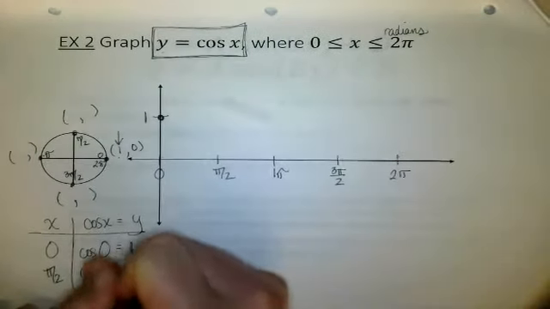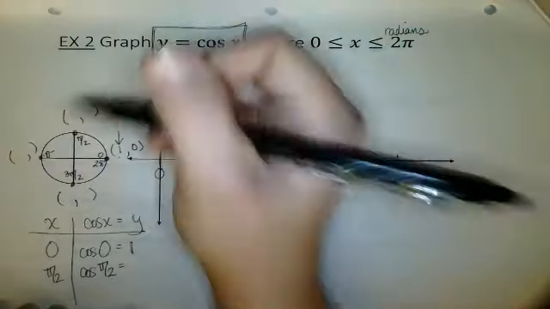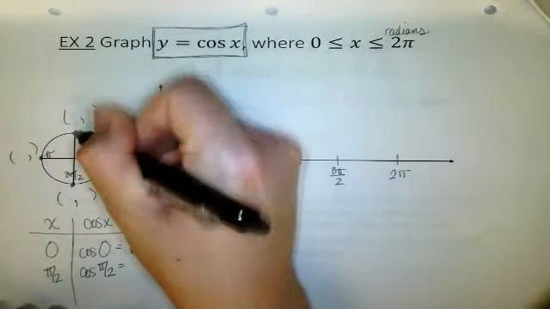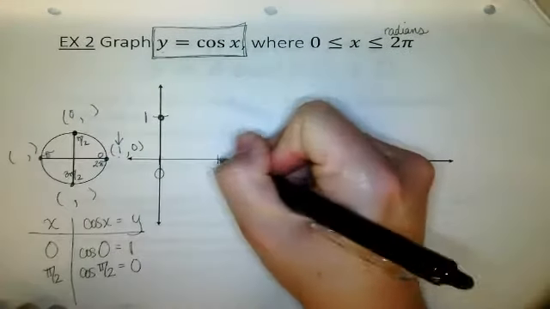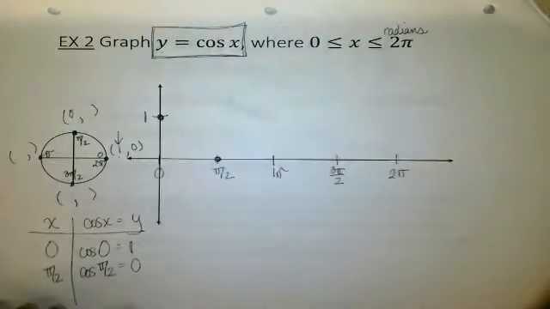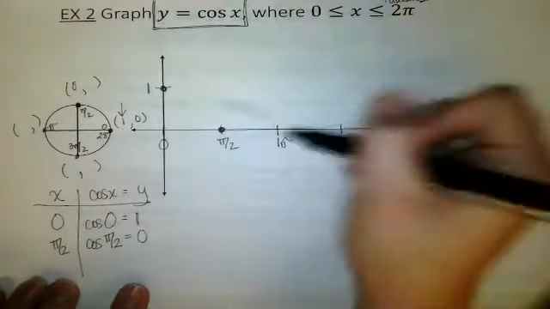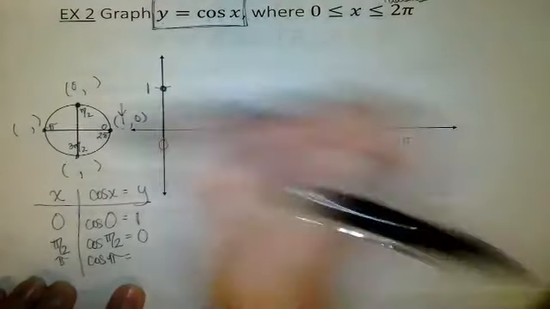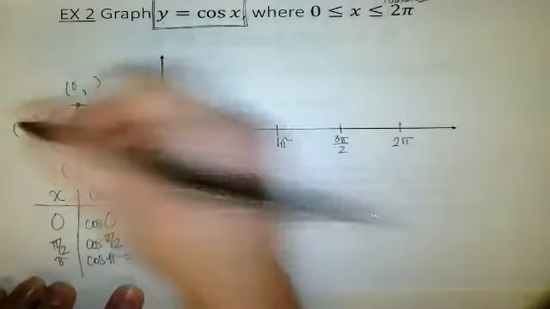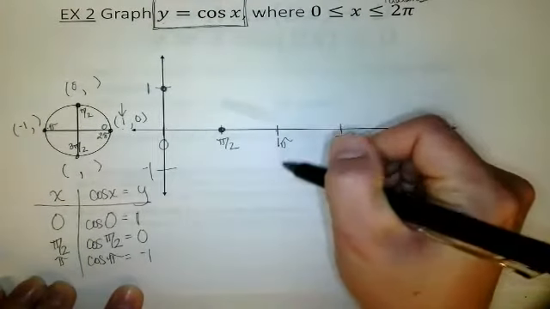What is the cosine value at pi over 2? So here's pi over 2. What's the cosine value? 0. Yeah. So at pi over 2, we're at 0. Then I want to go to pi. What is the cosine value at pi radians? -1. So at pi, we go to -1.